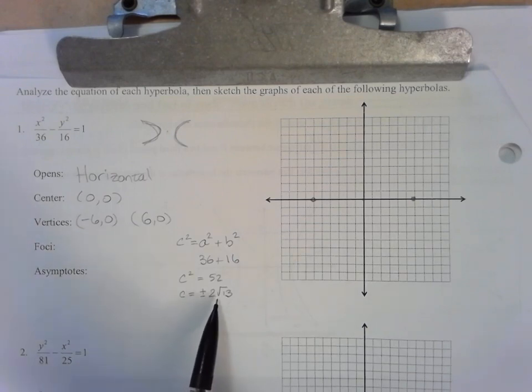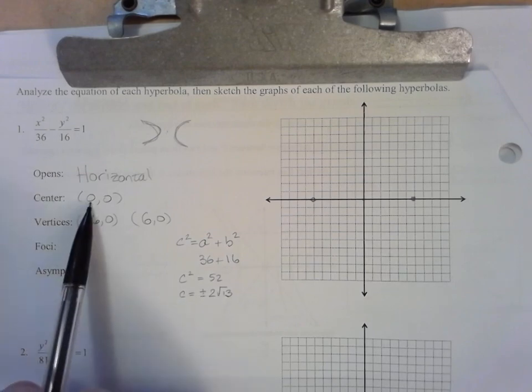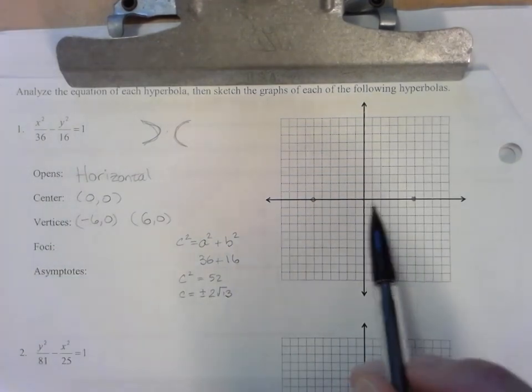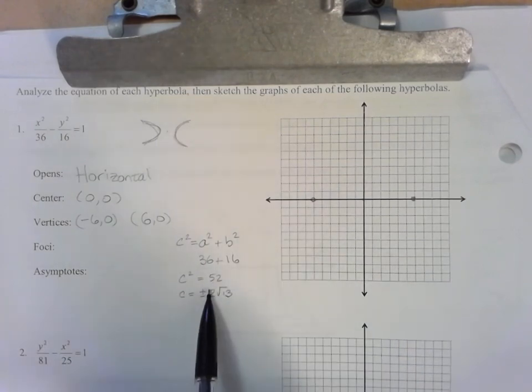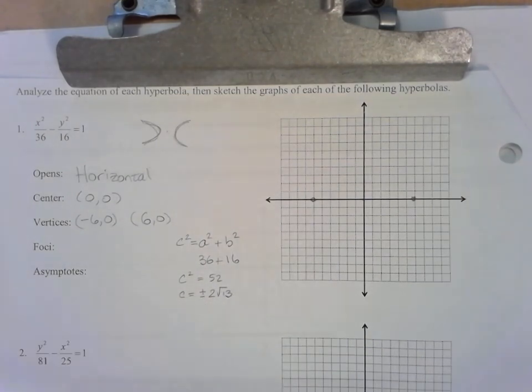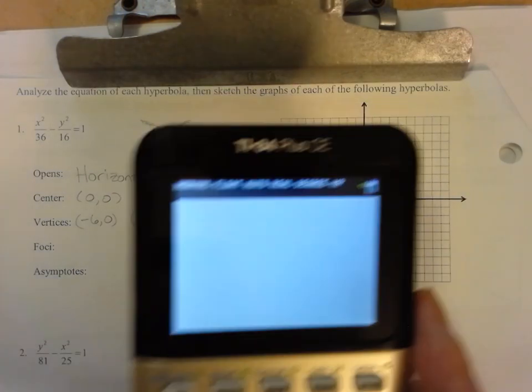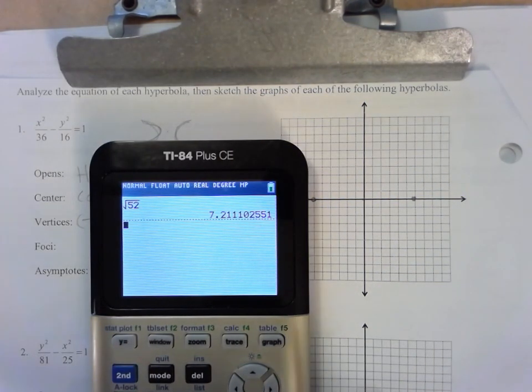Next, what we're going to do is we're going to add these values to the x-coordinate of the center. So the square root of 52 is more than 7 units away. When I take out my calculator to approximate it, let's do the square root of 52, and we see that it's 7.21.